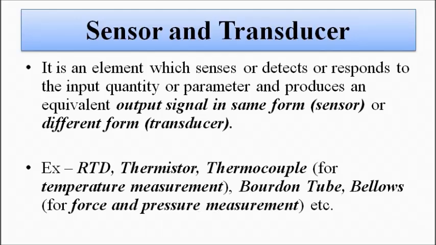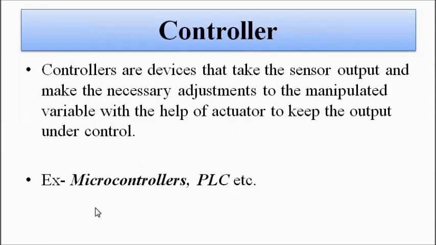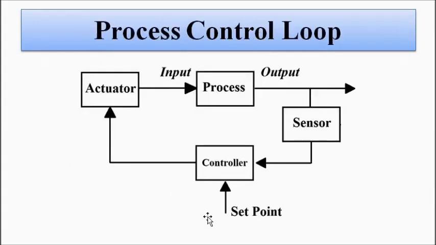Then the controller. Controllers are basically devices that take the output of the sensor, compare that output with the set point value, and make the necessary changes to the manipulated variable with the help of the actuator.